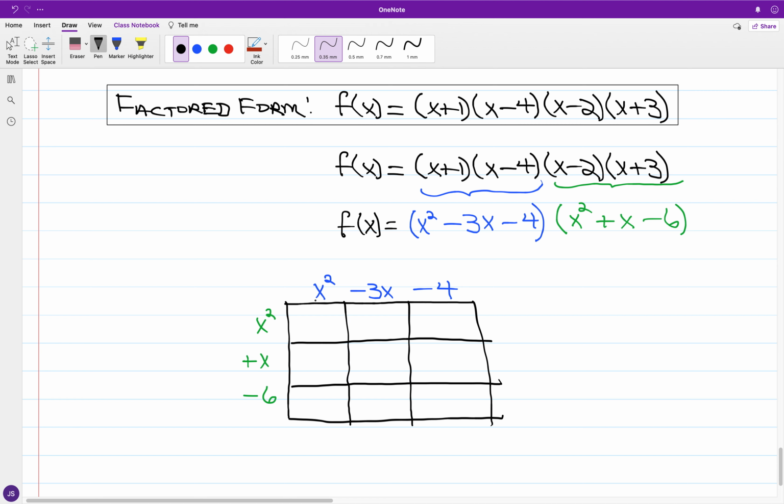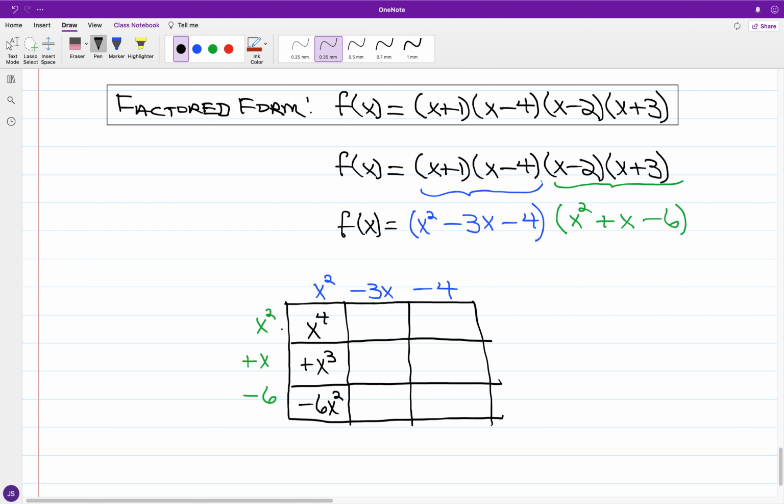So looking at the corresponding parts here, if we go down one column at a time, we have x squared times x squared, so this would be x to the fourth. Then x squared times x, so this would be x cubed. And x squared times negative 6, so minus 6x squared.